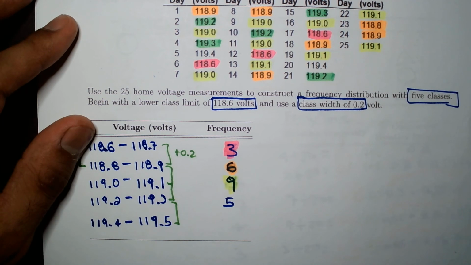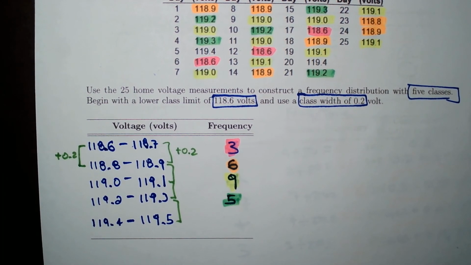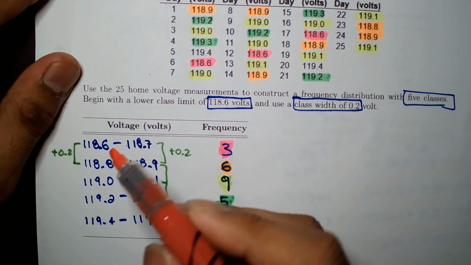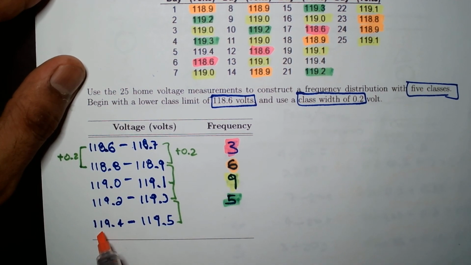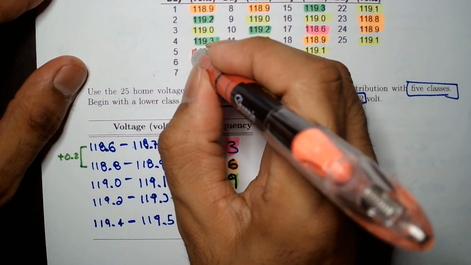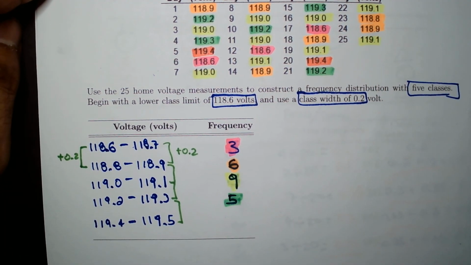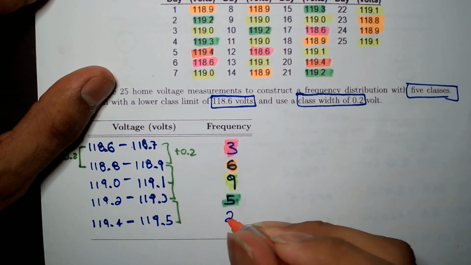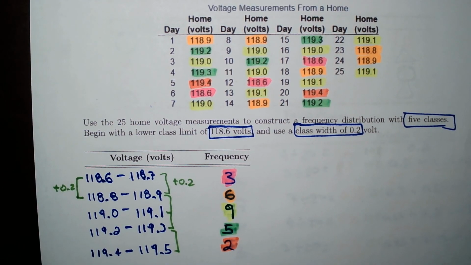Then for the last class, I'll use another shade, salmon I guess. 119.4 and 119.5. So that's 1, 2, just 2. I highlight with that color, and that's how we do an exercise like this.